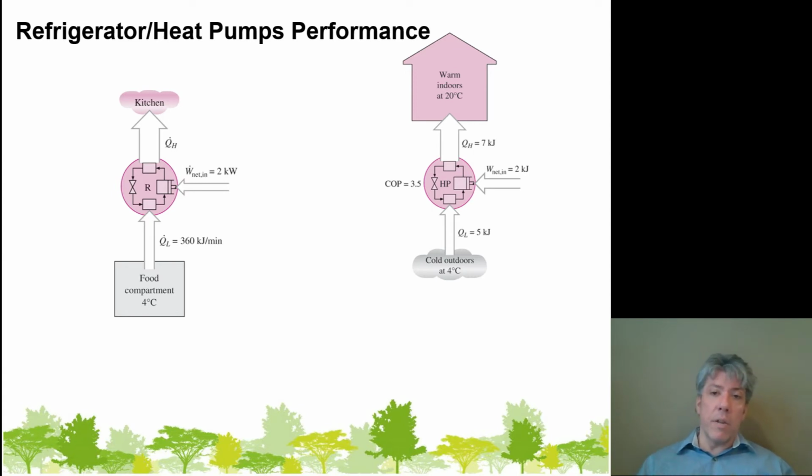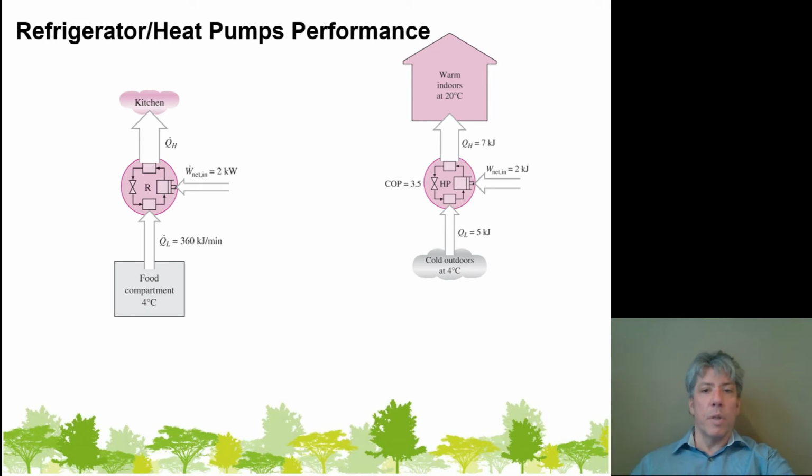The house, on the other hand, you're not trying to cool the outdoor space. That is where you get 5 kilojoules worth of the energy from. You're using 2 kilojoules to move that energy into the home at a higher temperature. So you've got to increase the temperature of it and then move it into the home. But your goal there is to warm the home with that 7 kilojoules of energy. Now in the real world, not all of the work that you pull in makes it into the house.